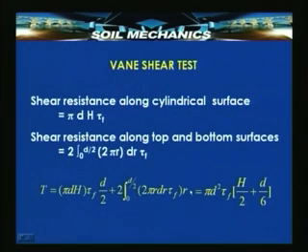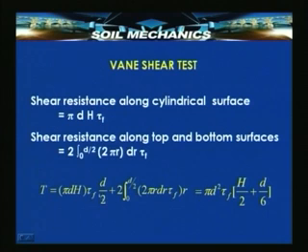So, we have a formula which computes the shear resistance along the cylindrical surface of the soil, the surface which has been cut by the vane, and the resistance experienced by the vane at the top and the bottom surfaces. These 2 together contribute to the total shear strength, which must be overcome by the torque so that failure can be produced inside the soil.